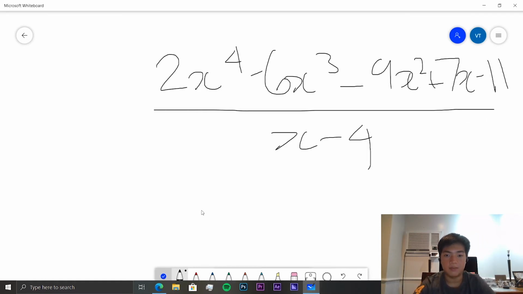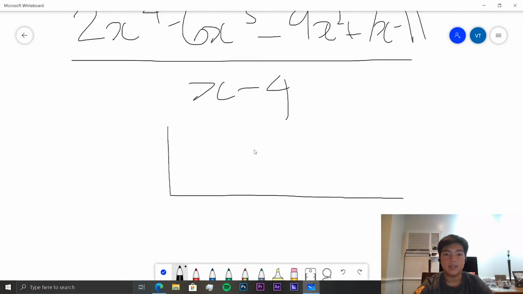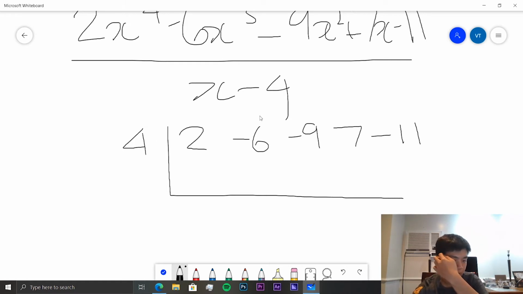So what's this going to be? Well, let's plug it all into our table again. So we have 2, negative 6, negative 9, 7, and negative 11. And we have the negative of negative 4, which is 4. So first, we drop the first term, which is 2.